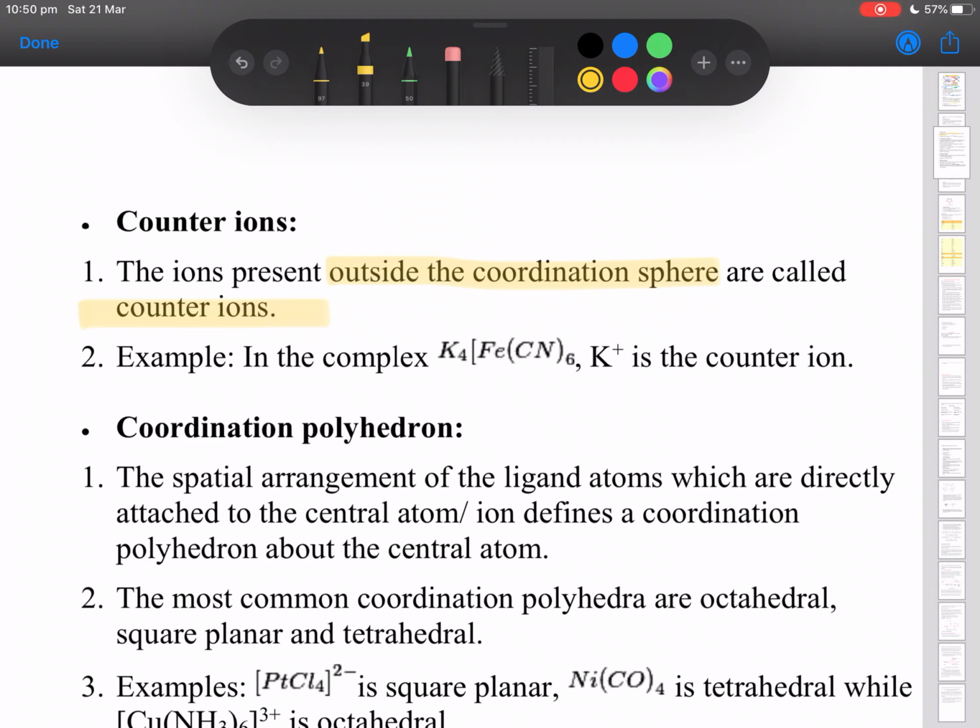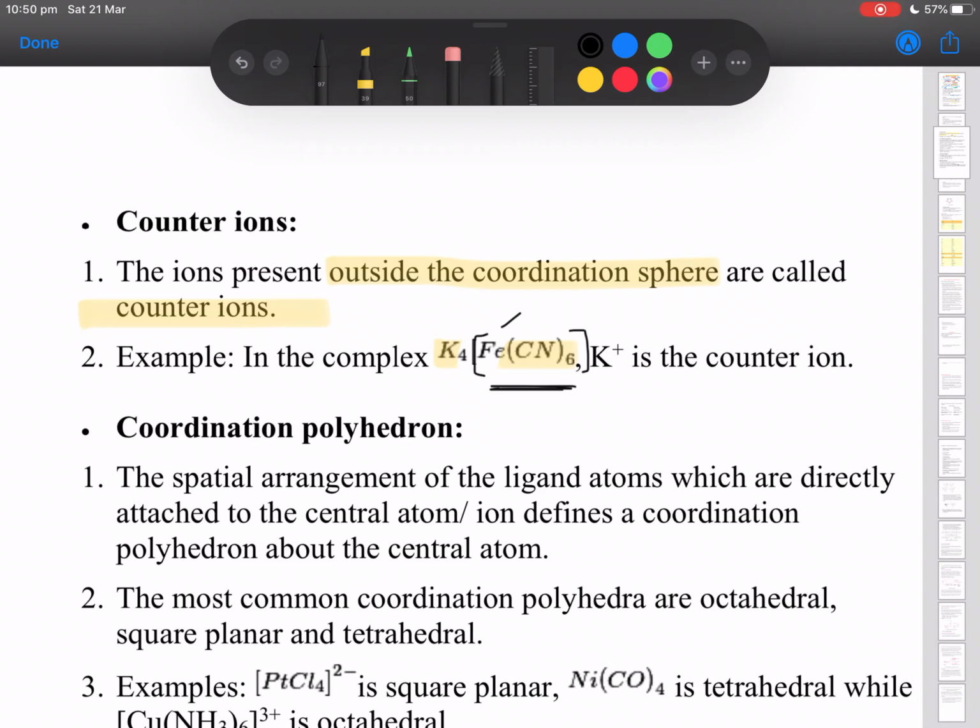For example, in this complex, let us take this example. K4, within the square bracket you have Fe(CN)6. Let me close this bracket here. So within the square bracket we have iron, right?